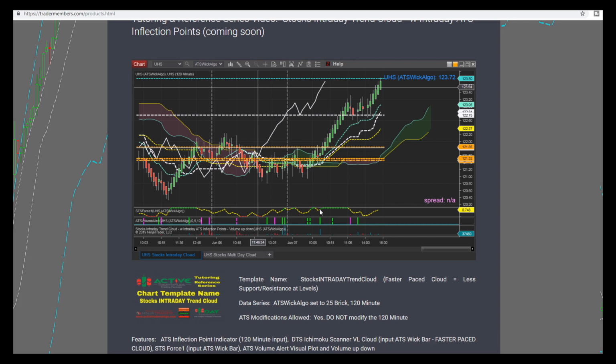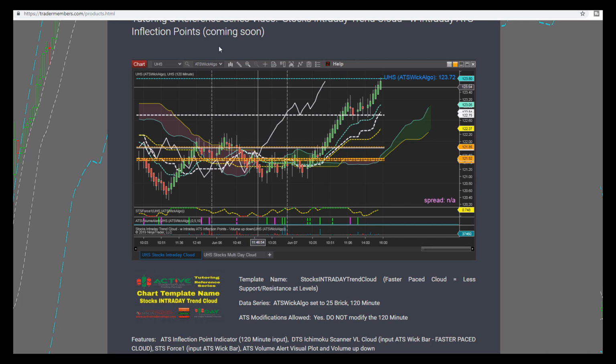We have the Force 1 alert. We've talked about this in some other videos. I trade this a lot as a tool to help with this other trade on reversals. And then we have the visual plot for the higher volume bars, and we have the volume up and down. We're going to review exactly how this volume bar works again in this video.